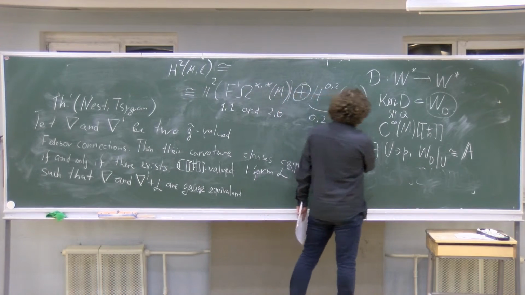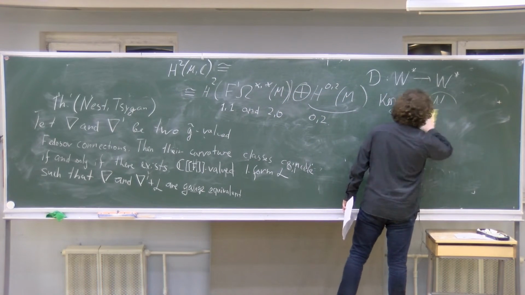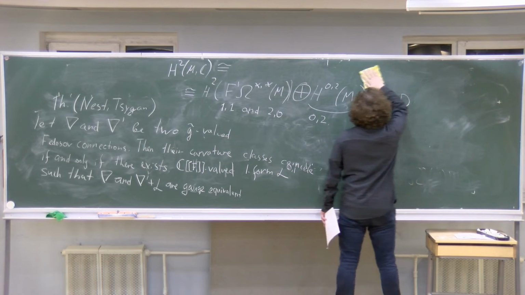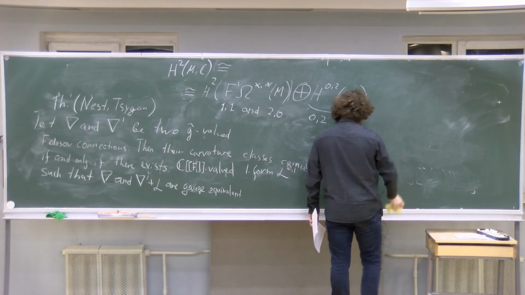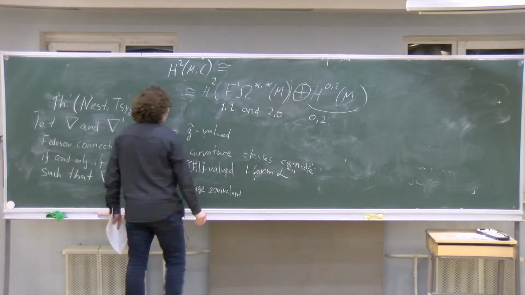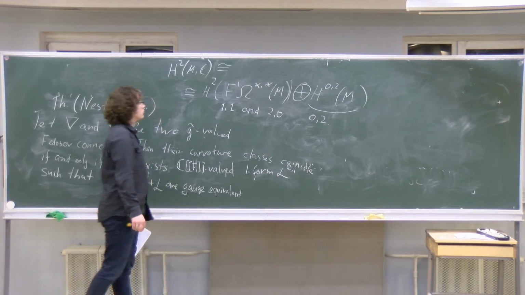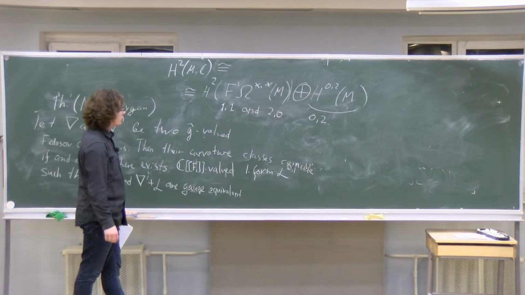And this assumption, although very natural, actually leads to lots of important consequences. One of these consequences is that the graded cohomology splits into a direct sum of all three terms of cohomology. Right?